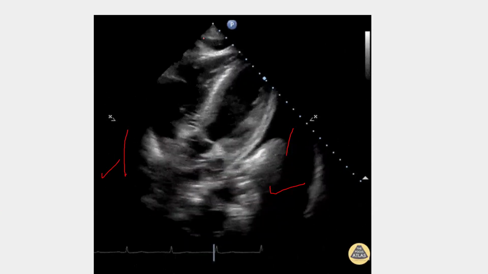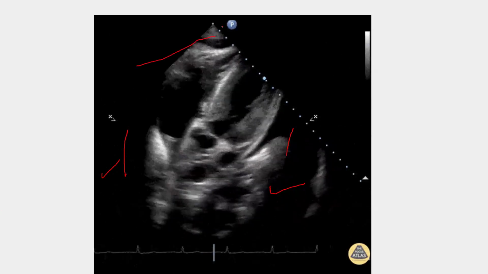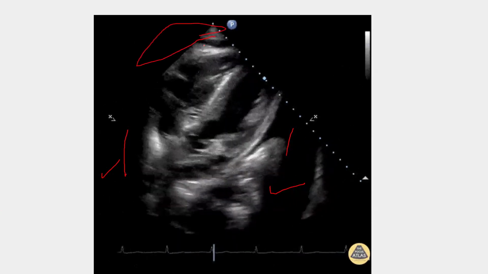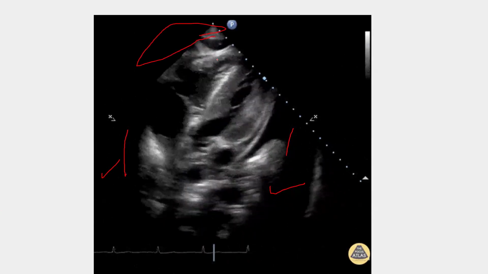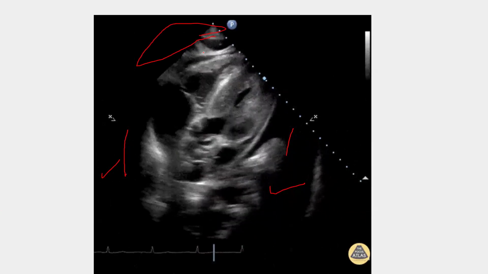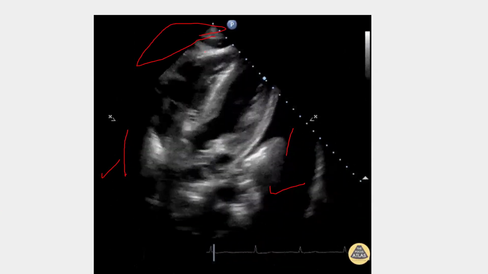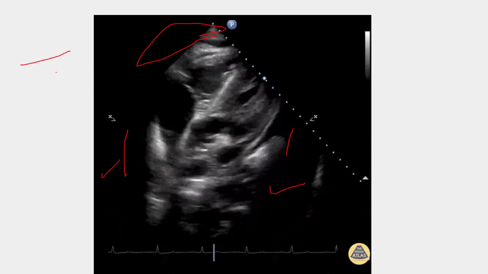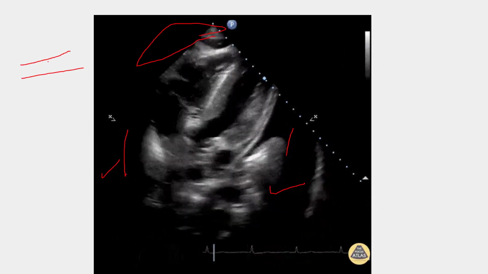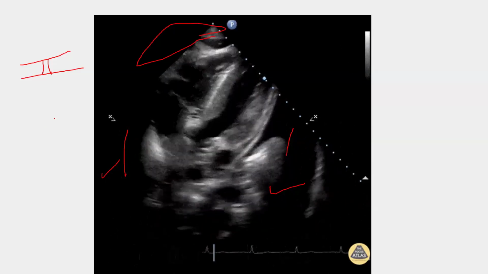But here, closer to the liver, which is somewhere here, we are seeing echolucency. If you focus carefully, you will find something echodense traversing that echolucency, like this.